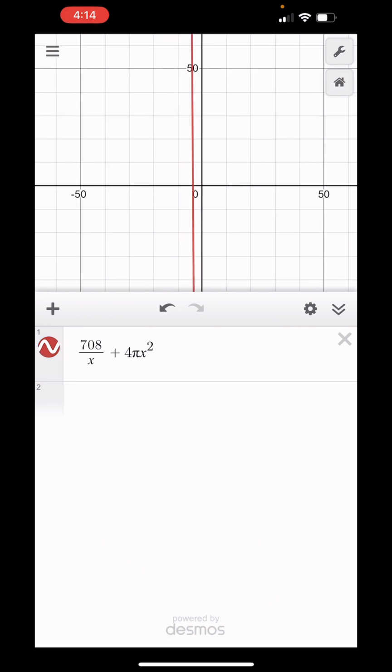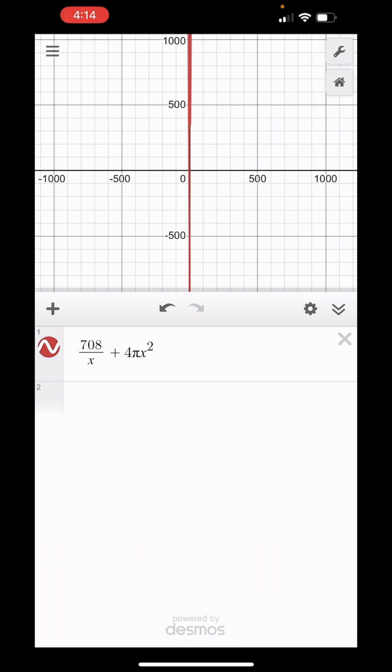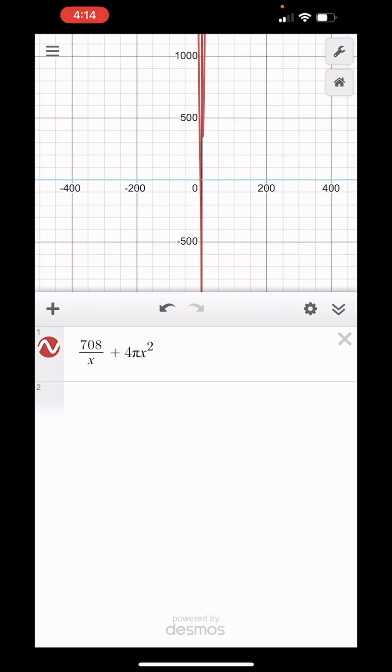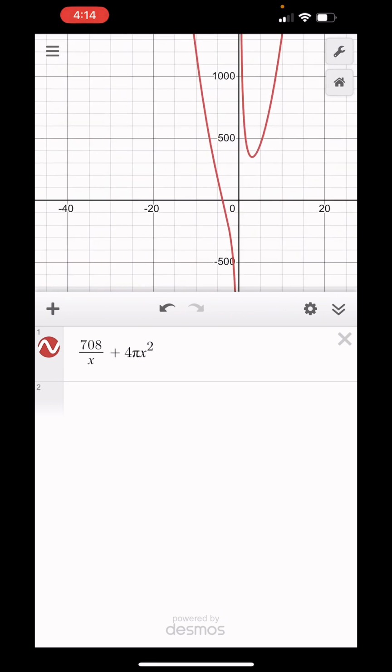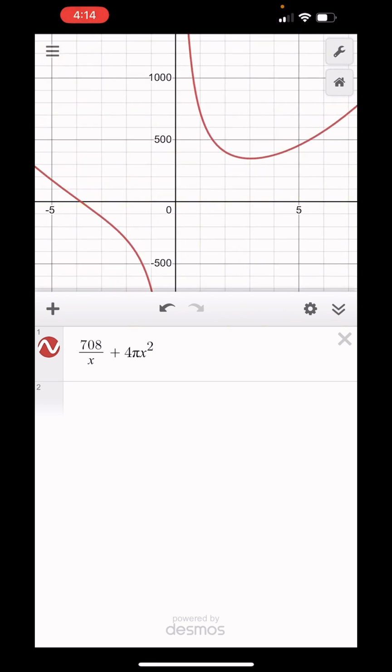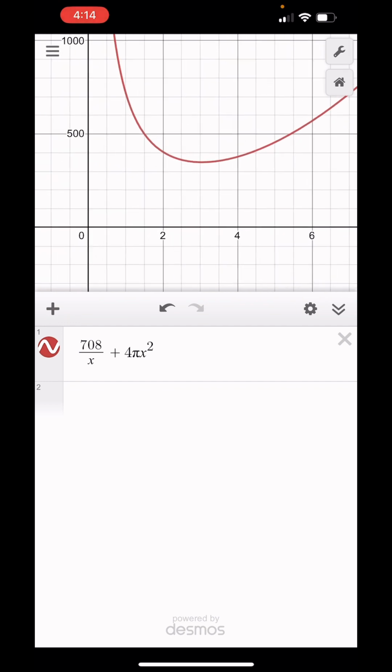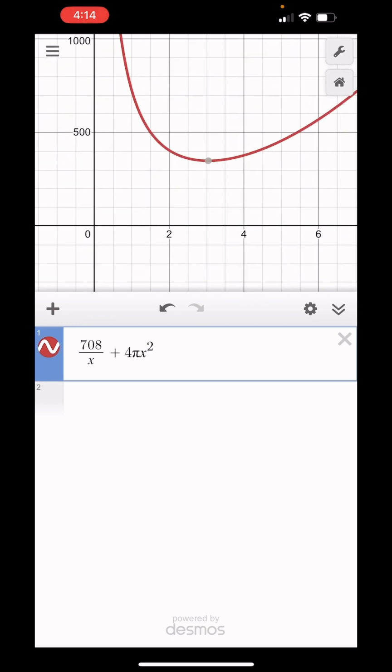Let's zoom out and take a look at what the graph is showing us. I'm gonna stretch it horizontally so we can actually see what's going on. And here is our minimum. If you touch right there, it'll show you the point, and you can see 3.04, just like our math told us. And so there you go. You can actually find the value just by looking at the graph.